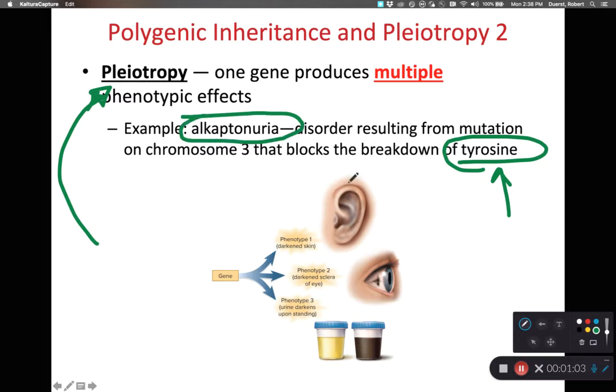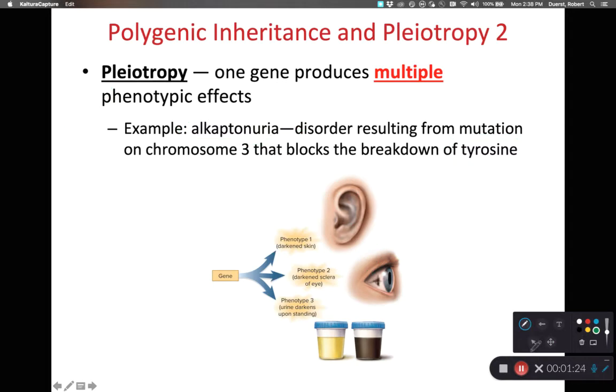The classic symptoms, or phenotypes, include dark patches of skin on the scalp, darkened patches of sclera in the eye, and a darkening of our urine if we stand for a prolonged period of time. Three different phenotypes, all associated with one single allele at one single locus.